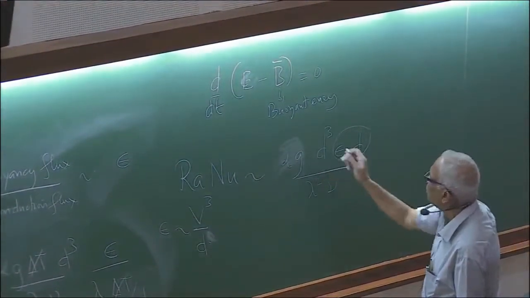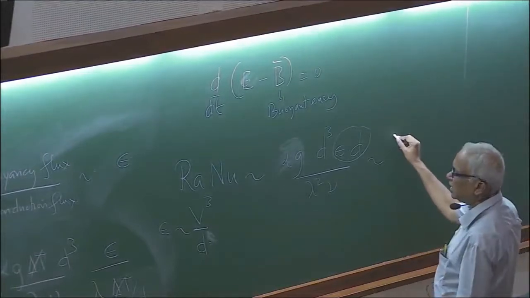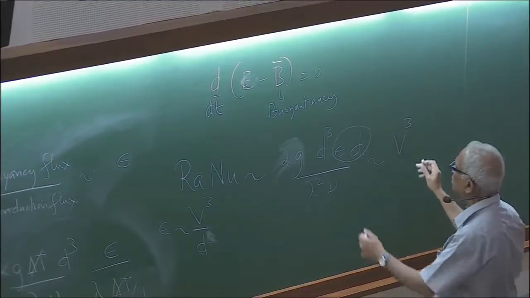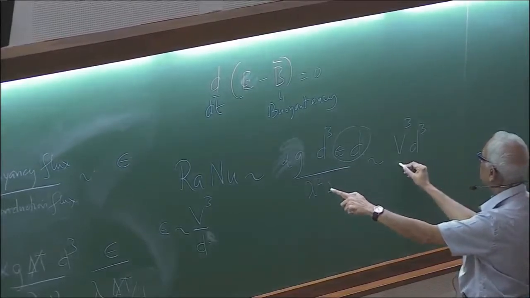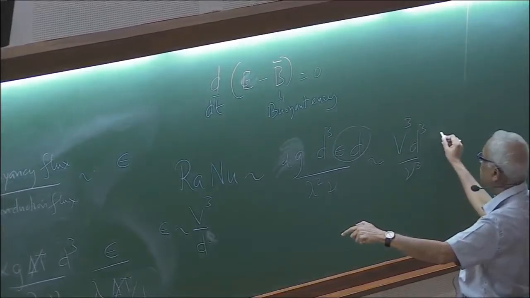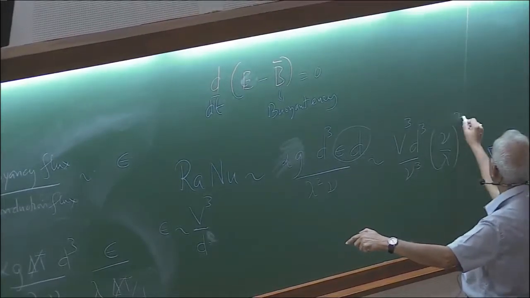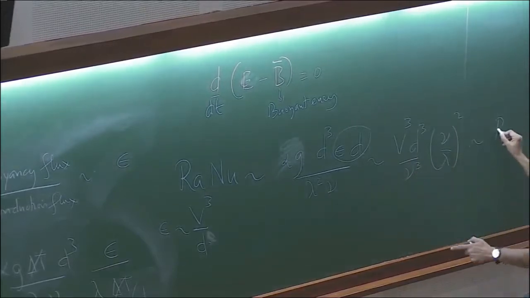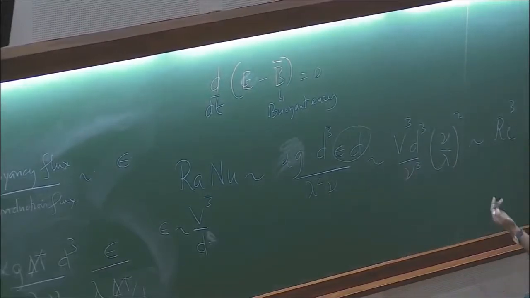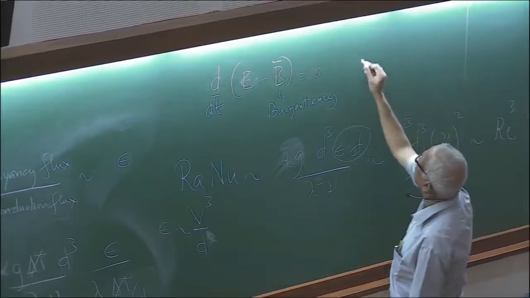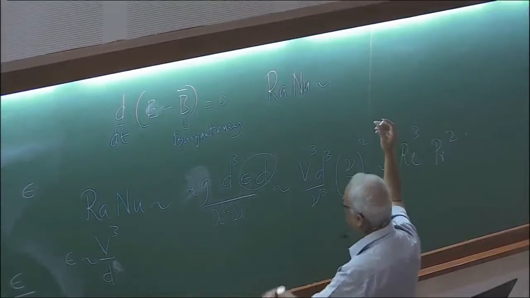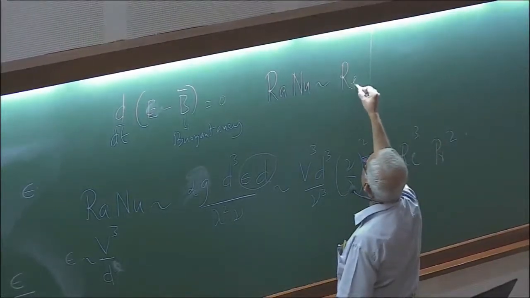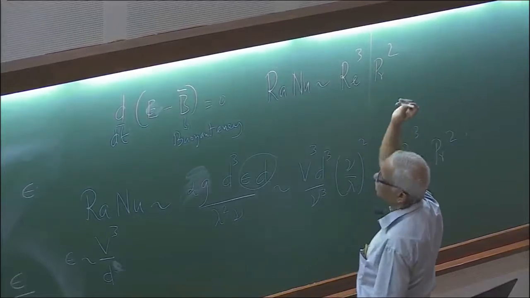so alpha g I'm going to drop. Epsilon d is like v cubed, there is a d cubed, and over here, if I put nu cubed over here, then this is nu by lambda square, which is like the Reynolds number cubed, and here is the Prandtl number square. So this was the big issue, one of the interesting Siggia results, that this is Re cubed Pr squared.